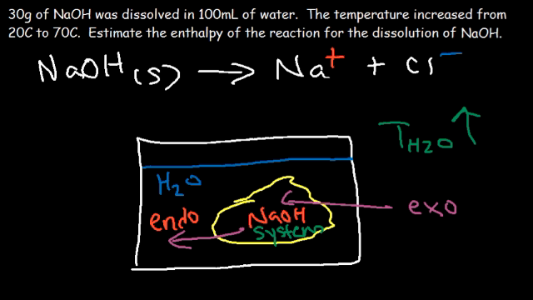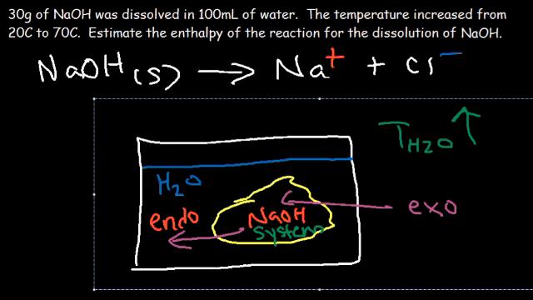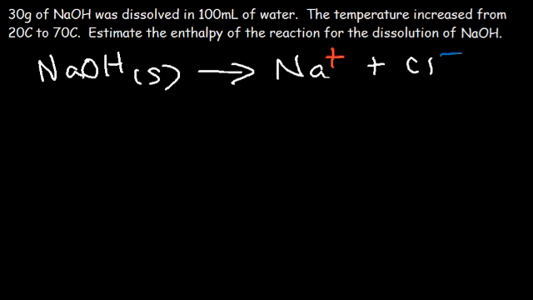So anytime the temperature goes up, the reaction is exothermic, and when the temperature goes down, the reaction is endothermic. So now that we understand that, we know that delta H, our final answer, has to be negative because the temperature of the water rose.